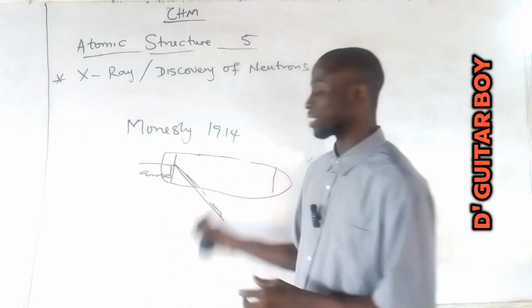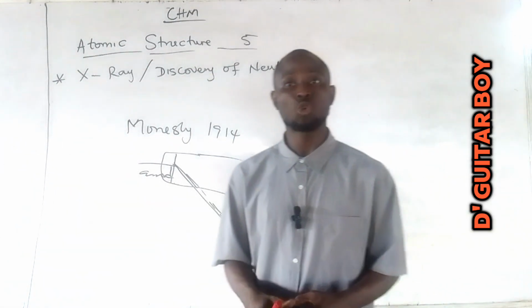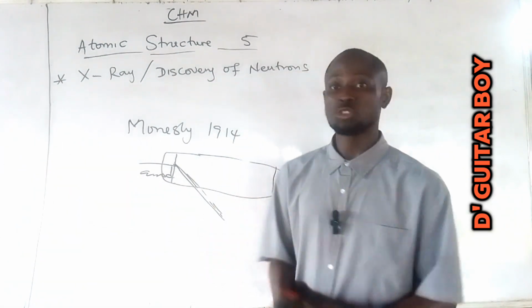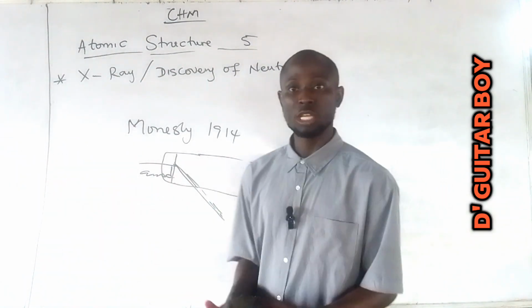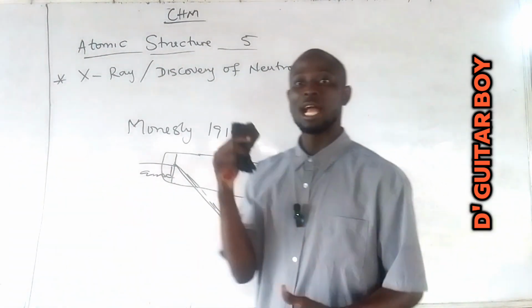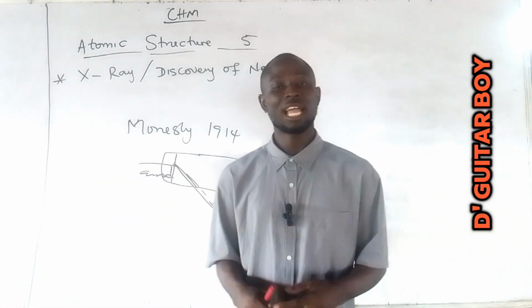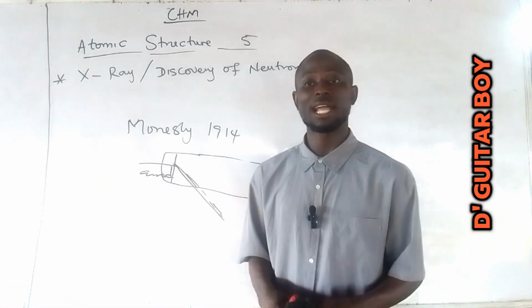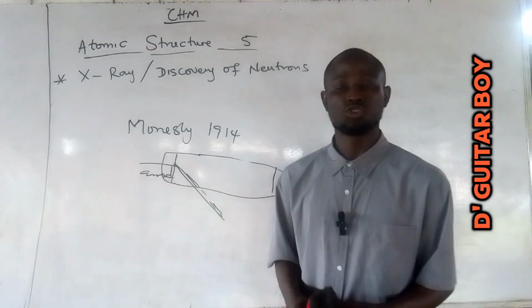He called this number atomic number. So this is where atomic number comes from. He assigned atomic number to elements due to the frequency of radiation they emitted after being bombarded by streams of electrons from the cathode, that is cathode ray.